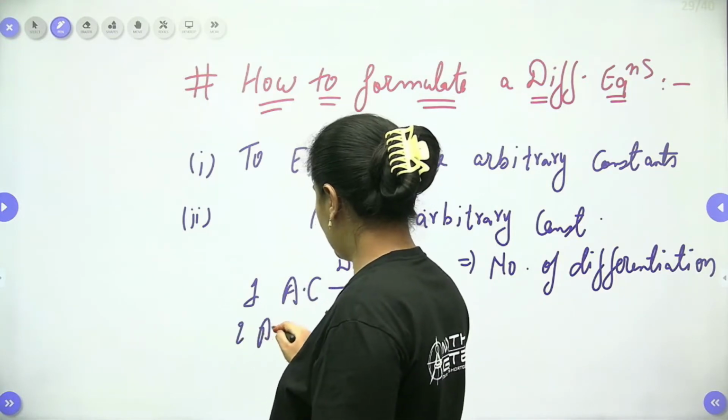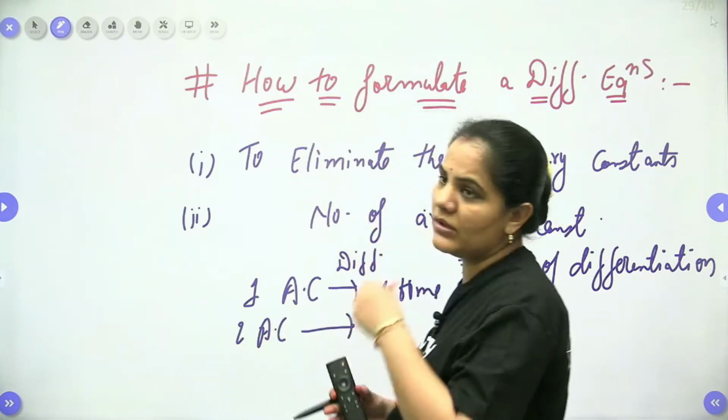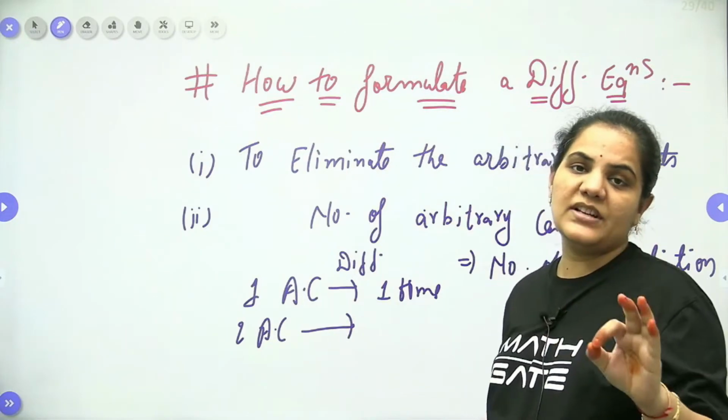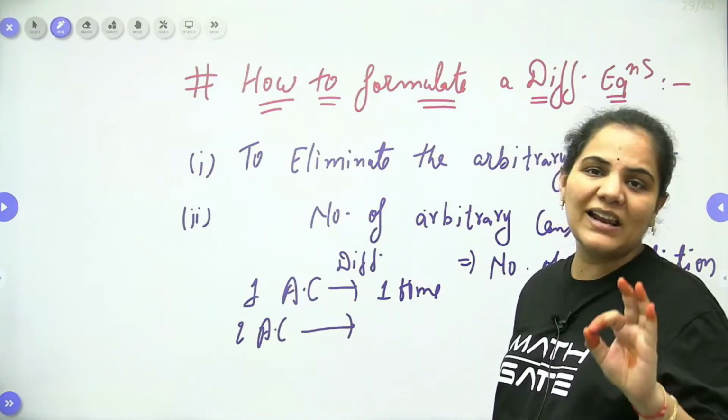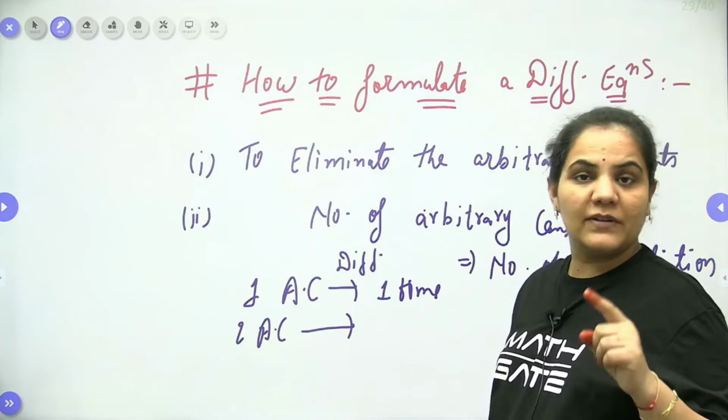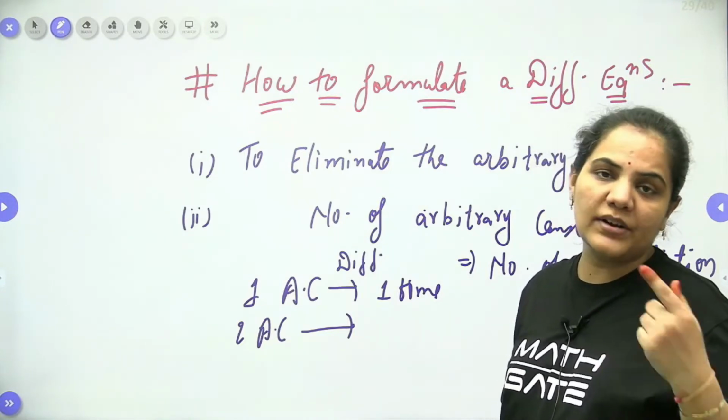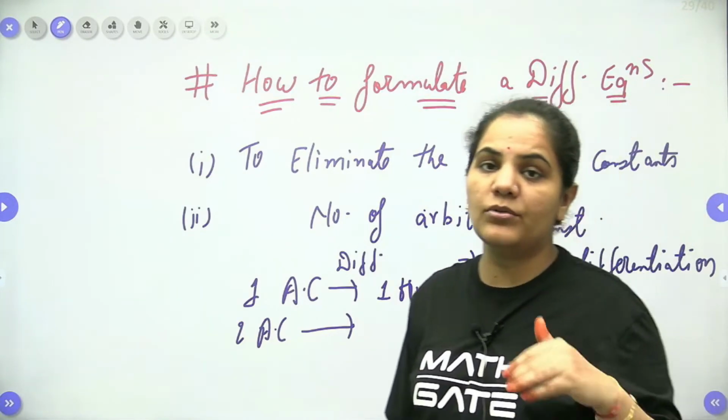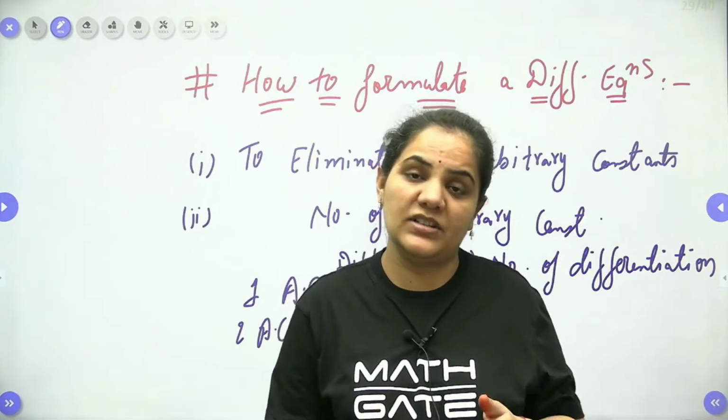If there are two arbitrary constants, because you have to ultimately remove the arbitrary constants, since in a differential equation not a single arbitrary constant will exist. So that's why you have to remove them. How can you remove them? With the help of differentiation.